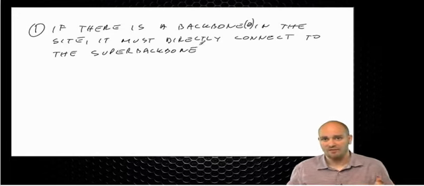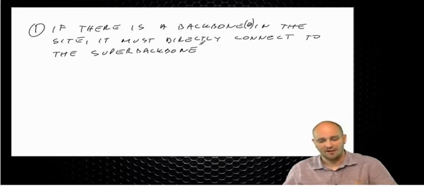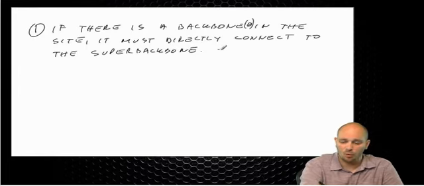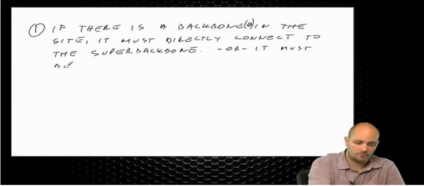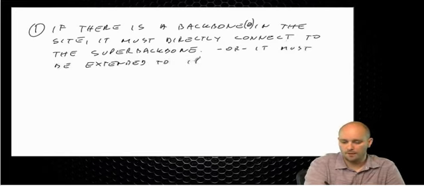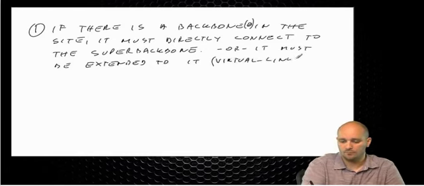So if we have area 0 in a site, it must be directly connected to the super backbone, or it must be extended to it. Now, how do we extend it? Either using virtual links or GRE tunnels.